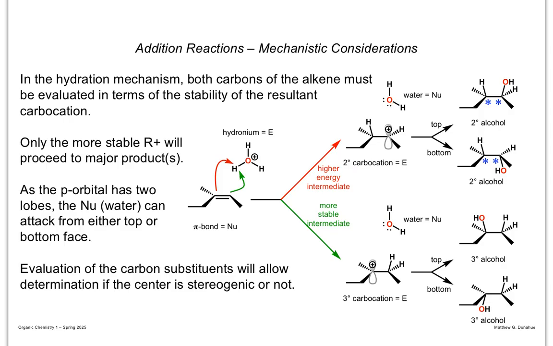Then you have this issue of how that nucleophile attacks from the top or the bottom. Notice now in this case where I've put these blue asterisks, that represents your forming stereogenic carbons. The bottom case with the tertiary alcohol, neither of those carbons are stereogenic. So ultimately you don't have to worry about stereochemistry.